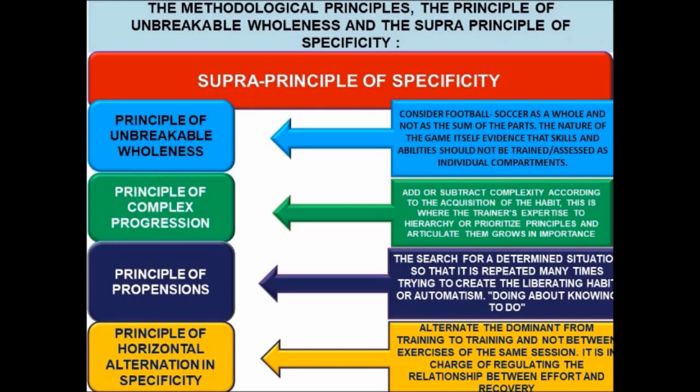While if you create a task and create context, so that situation shows up over and over again, you can do maybe 20 or 30 repetitions. So this is the main difference, okay? The main difference of propensions or propensities is that we're going to be able to repeat over and over again in real context an action or a situation that we want the footballers to learn.